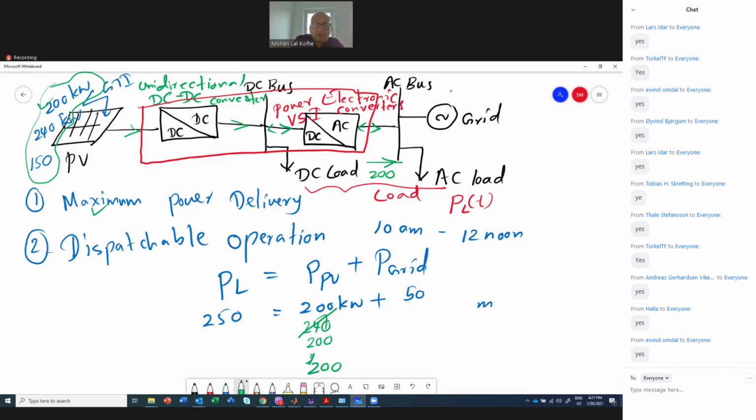So now we understood that there are two modes of operation. One is the maximum power delivery, and the other one is the dispatchable operation.